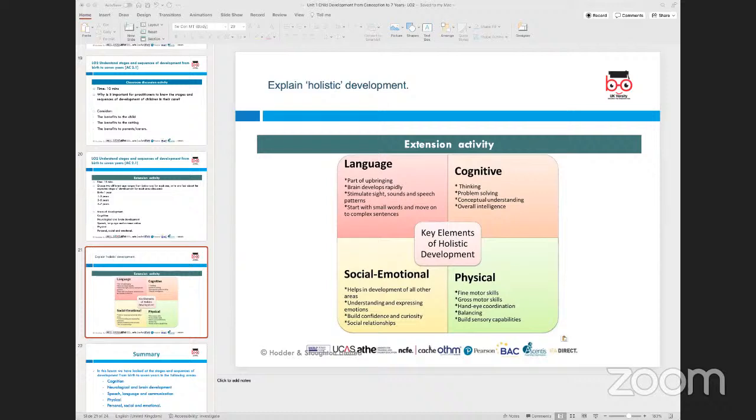You wouldn't be able to do some of these things on your own, so you would be put into groups to perform the activities, and that would develop social skills, physical skills, the skills you need for problem solving or identifying, and in some cases also language, speech and communication skills, which allow you to become a part of that group and participate in that activity. So those are the things that have to be discussed when we talk about holistic development.